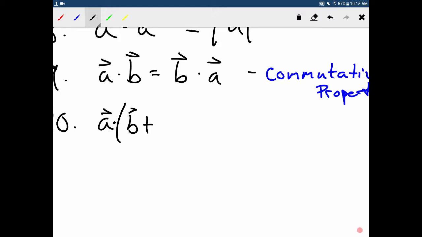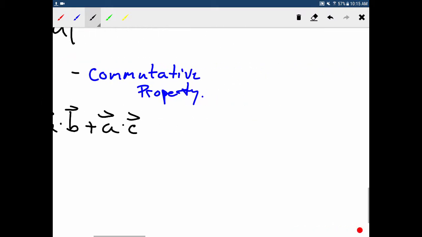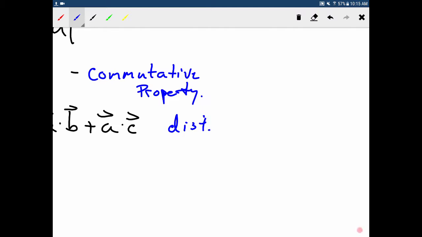The dot product of a times b plus c would be the same thing as taking the dot product of a and b and adding it to the dot product of a and c. Again, that might seem obvious, but it shouldn't, because this is a rule that is often not true. So that is the distributive property.